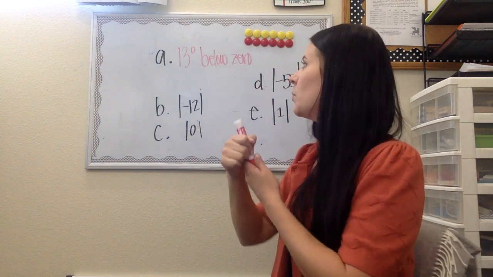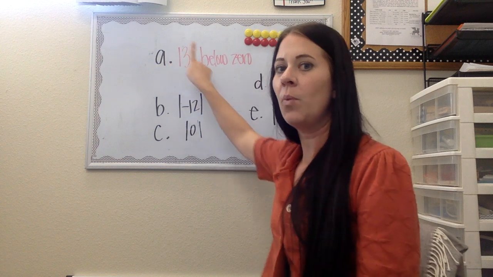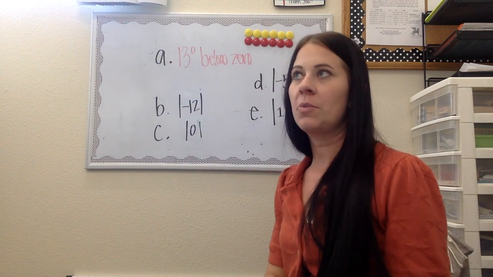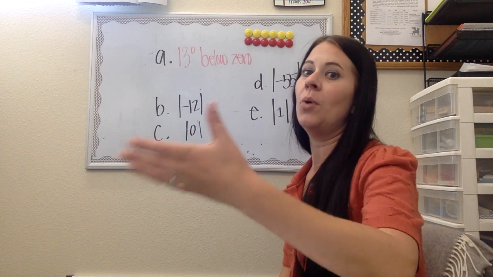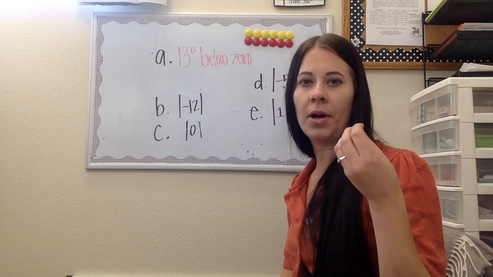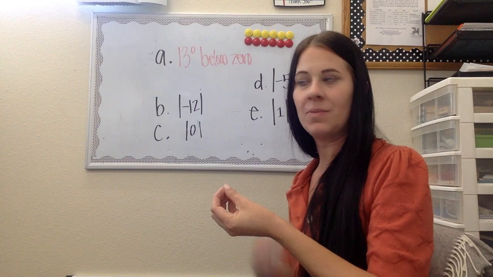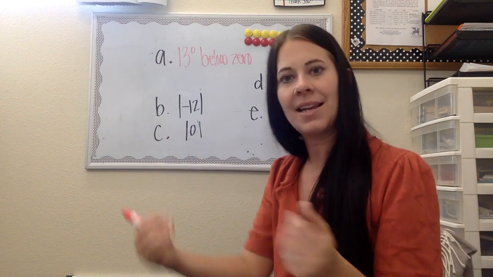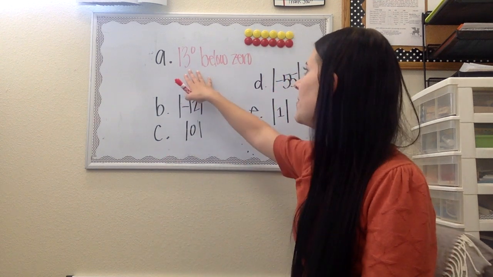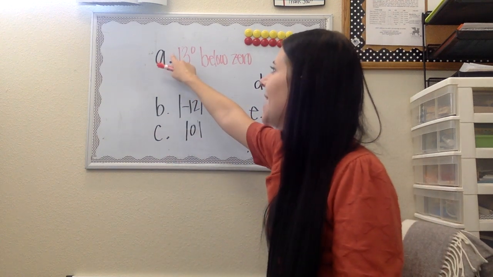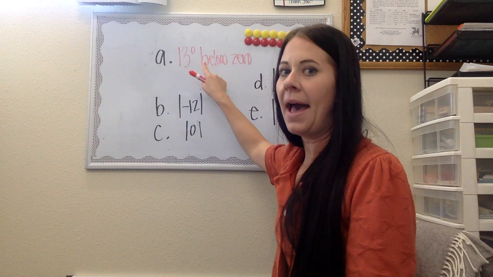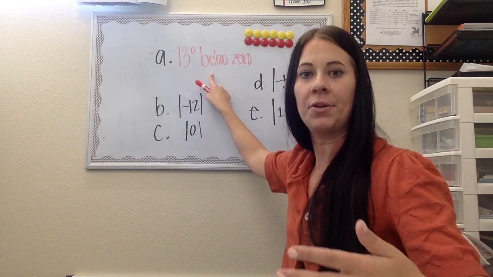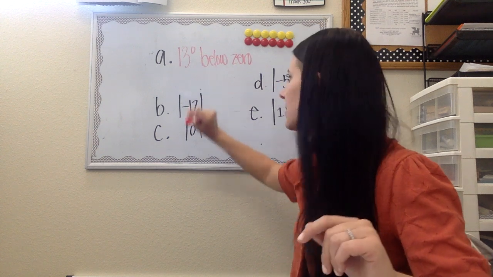Notice, as soon as we leave off the negative, we replace it with another word that means negative. So before it was, you owe me $10, and the owe part was the negative. And then once we said the owe part, I don't have to say negative 10 anymore. So same with this one. Because I'm taking the negative off, I have to say the word below to still mean the same value. Okay, hopefully that makes sense.